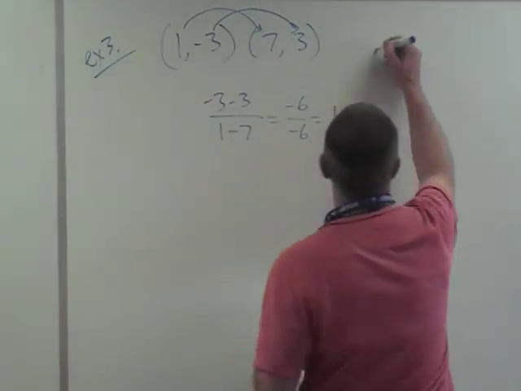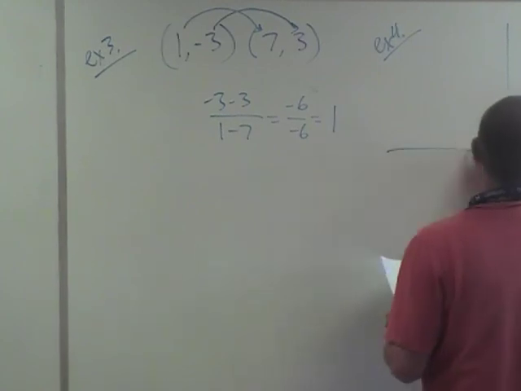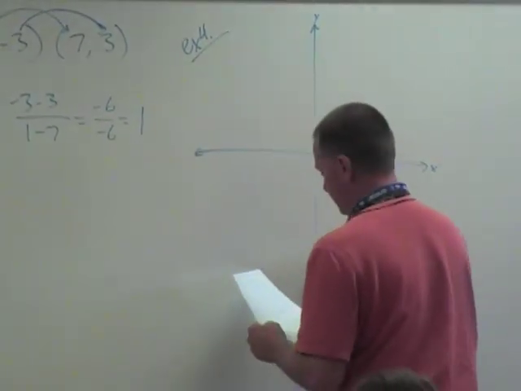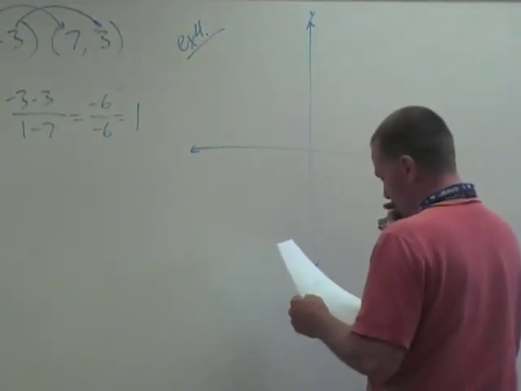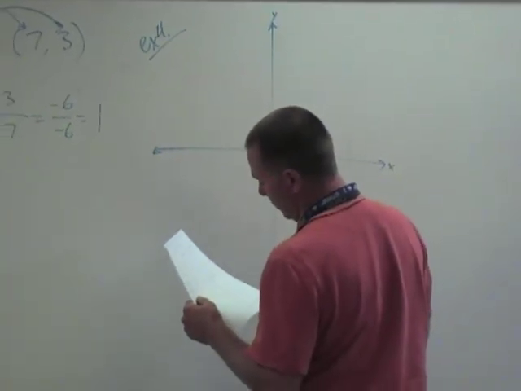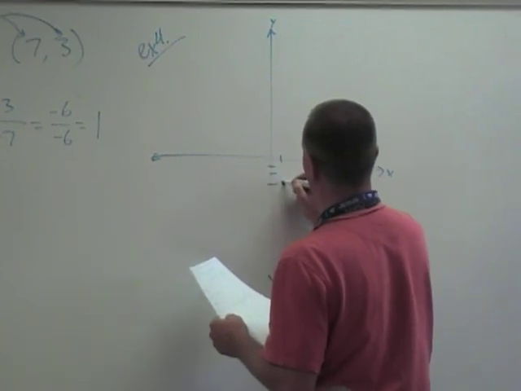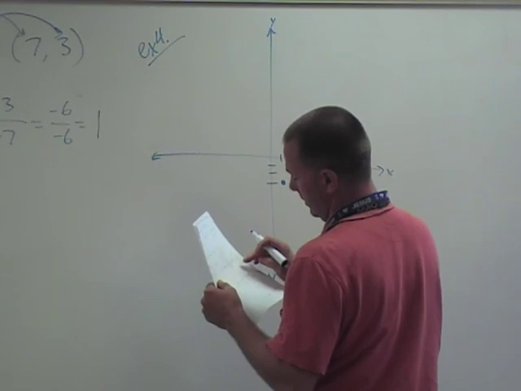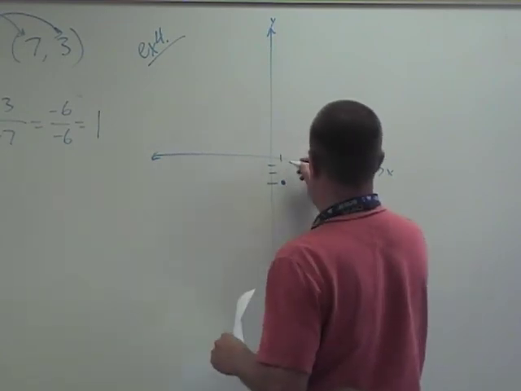All right, example 4. So here is a graph. And here's your line. There's a point at 1, negative 3, and a point at 7, 3.